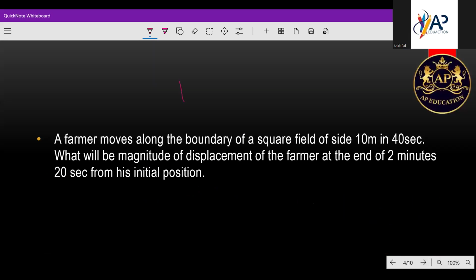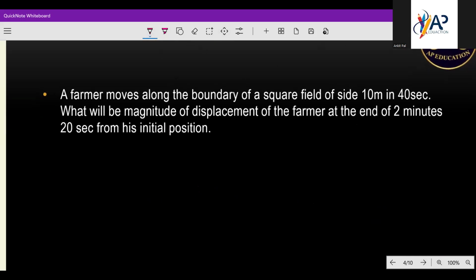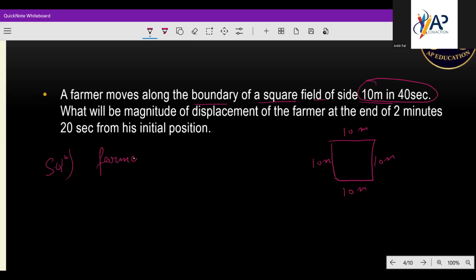Next question. Suppose a farmer moves along the boundary of a square field of side 10 meters. The farmer covers 10 meters in 40 seconds.